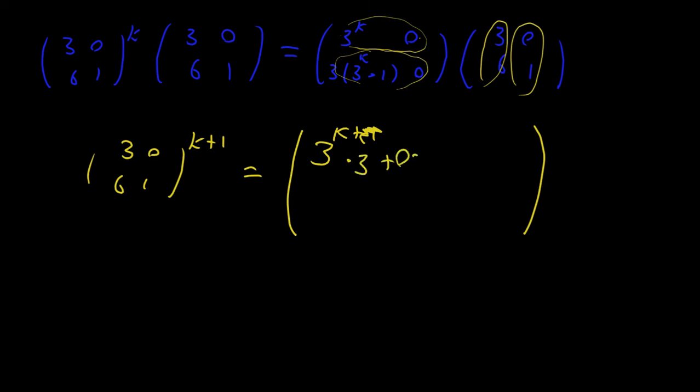Kind of like this: 3 to the k times 0 plus 0 times 1. Then we have, what is this? This is 3 squared, 3 to the k minus 1, plus 0 times 6.